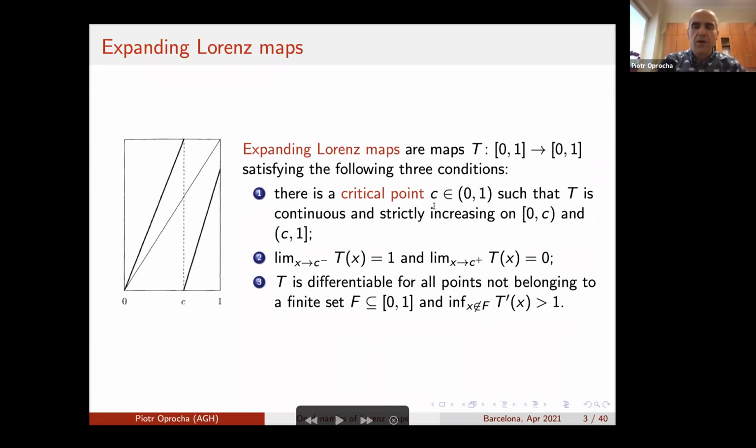But in the classical way, you require what you have on that slide. So: a critical point, almost everywhere differentiability, except maybe a finite set of points, and everywhere the slope is larger than 1. So it's quite a steep graph. It more or less looks like the left picture.